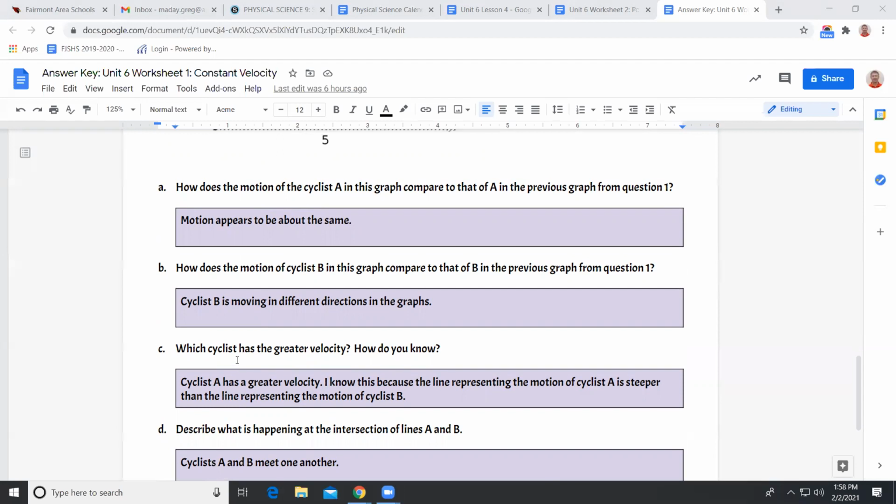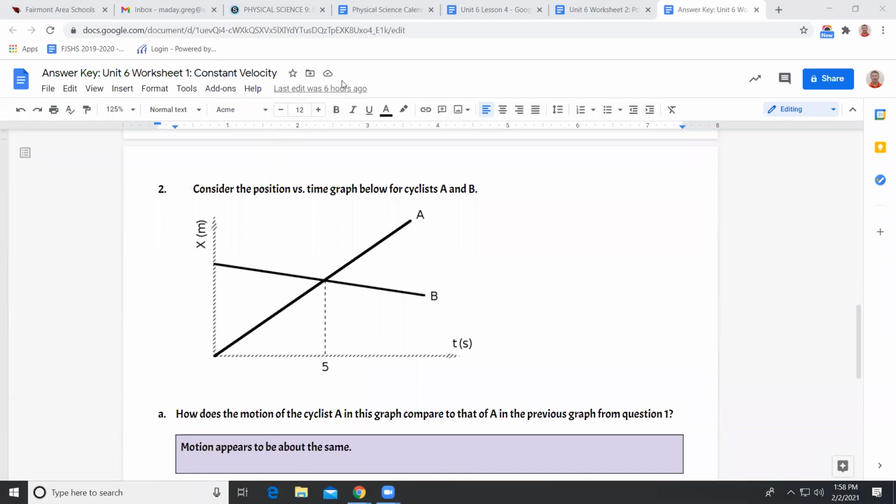Remember, the key thing with velocity is looking at how steep the slope is. With cyclist A, you can see the slope is steeper than cyclist B. So it tells us that cyclist A is traveling at a faster speed due to the steeper slope. One of the key things here, though, is you can be traveling in the opposite direction at the same speed.